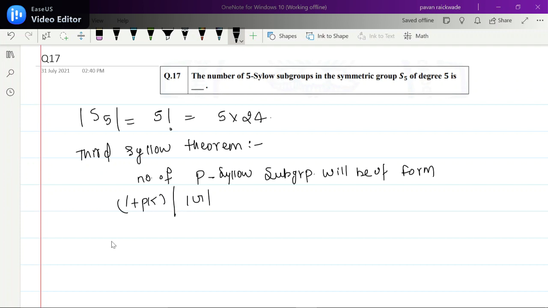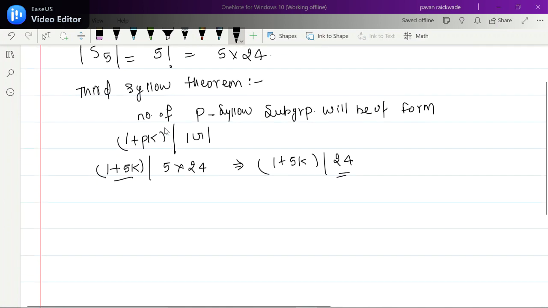So in our case, the number of 5-Sylow subgroups will be 1 plus 5k, which divides 5 into 24. Since it is of type 1 plus 5k, we just have to look at the divisors of 24 which are of this type.